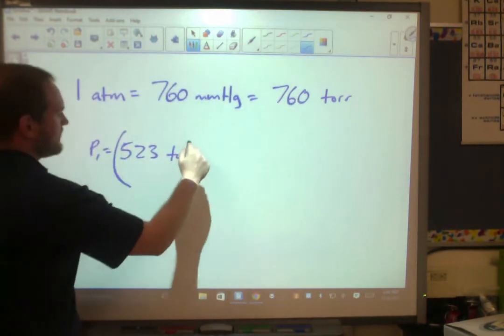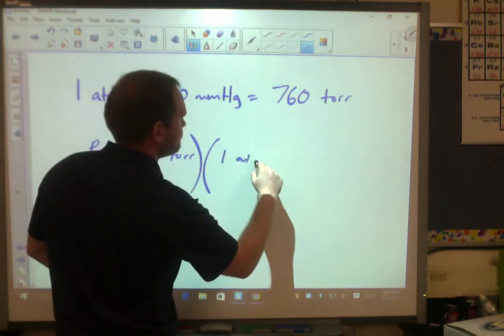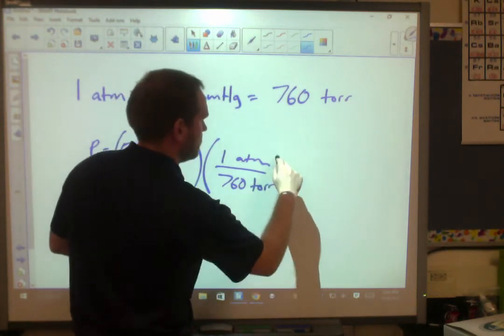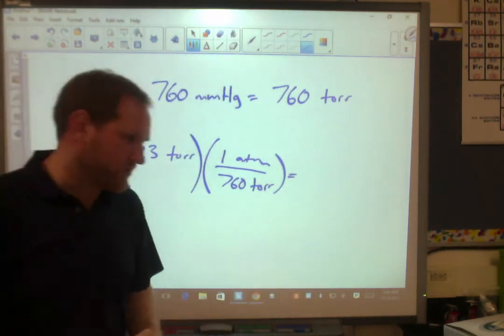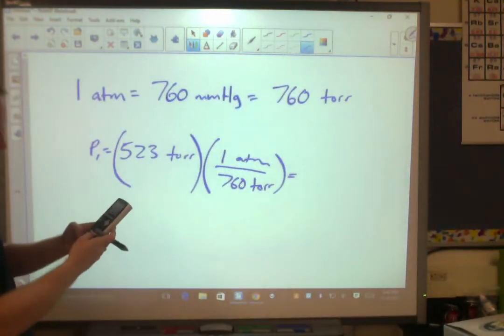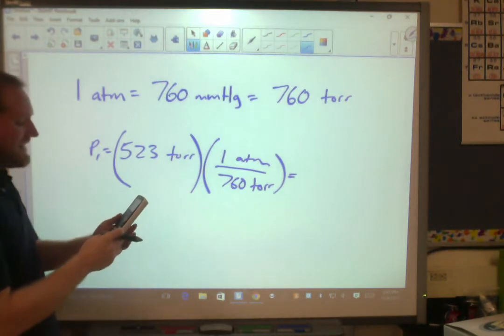So my setup's going to look like this: 523 torr times 1 atm over 760 torr equals, and then we get our answer that way. 523 divided by 760 is 0.688.